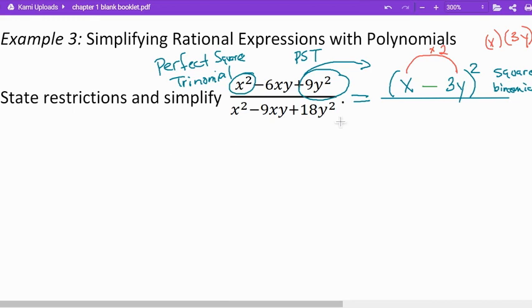Now, this one is not a perfect square trinomial because 18 does not have a perfect square. So in this situation, we put a plus on top of the middle term, a times on top of the last term. I'm looking for two magic numbers that multiply to give me 18 and add up to give me negative 9. 18 is going to be 9 times 2, 18 times 1.